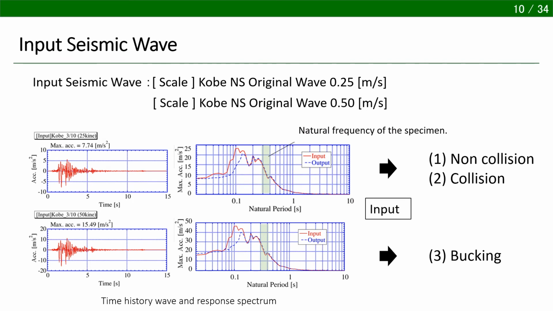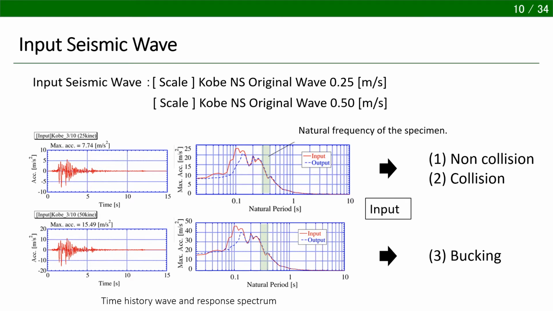This slide shows the input waves. The input seismic waves used in the vibration experiments are scaled by a similarity law with a constant velocity. Accordingly, the acceleration is 3.3 times the observed seismic wave, and the time is 0.3 times.